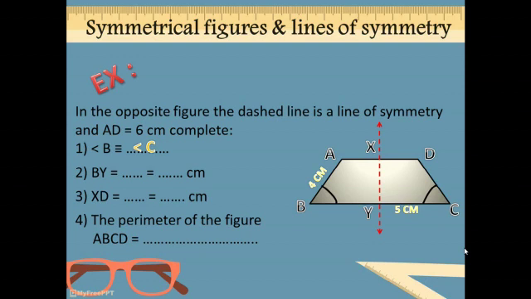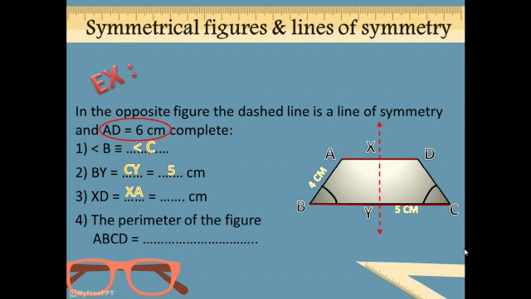Number 2. BY is equal what? Look at your figure. BY here is equal to CY. Equal how many centimeters? 5 centimeters. Number 3. XD equal what? Look at your figure. Where is XD? It's equal to XA. But I don't have how many centimeters XD is. But it's given in your example that AD is equal 6 centimeters.